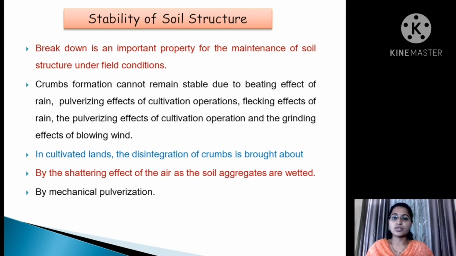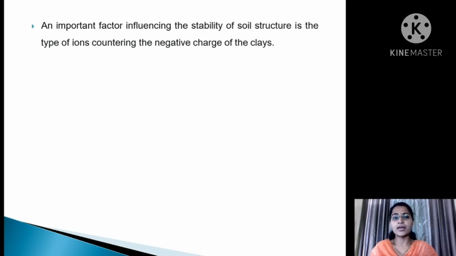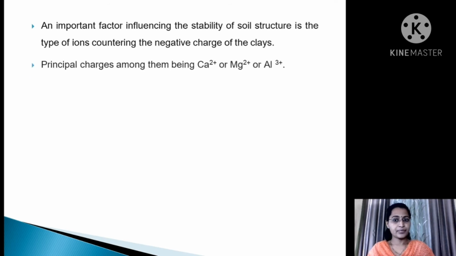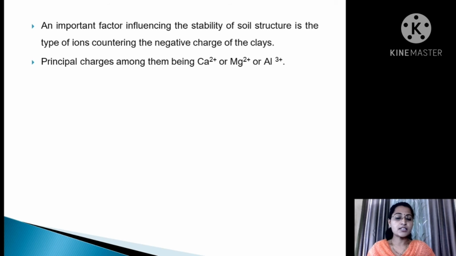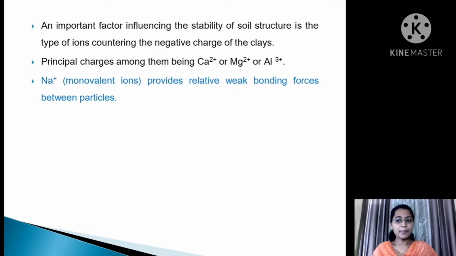which is breakdown. Now focus on the next important factor influencing the stability of soil structure: the type of ions countering the negative charge of the clays, and the principal ones among them being calcium 2+, magnesium 2+, or aluminium 3+. Sodium, Na+, a monovalent ion, provides relatively weak bonding forces between particles.